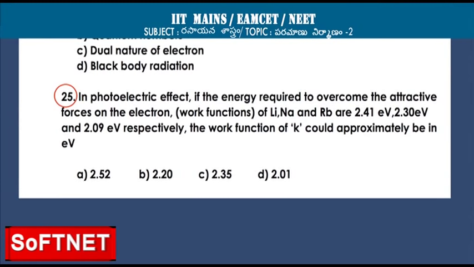The work function of potassium could approximately be, in electron volts. This work function value decreases down the group. The elements mentioned are present in first A group. The elements present in first A group are lithium, sodium, potassium, rubidium, cesium and francium.